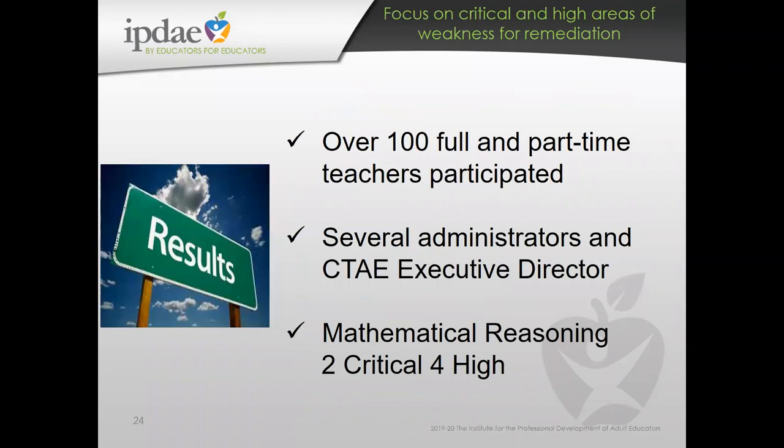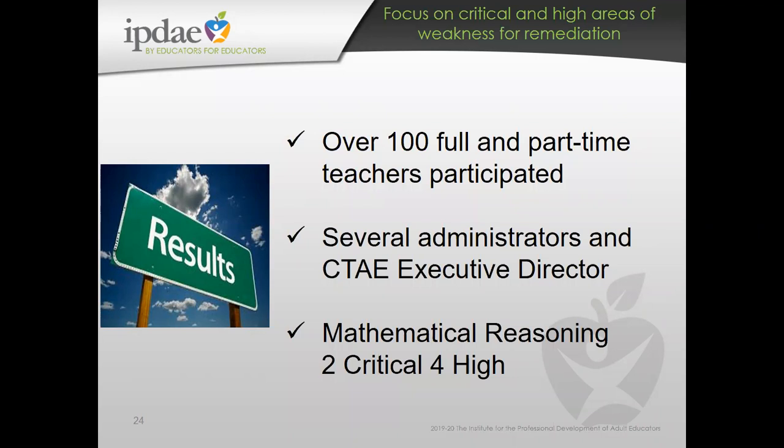How did we do? Well, I'm happy to report that the overwhelming majority of our teachers' data indicated low or medium remedial need. But not surprisingly, mathematical reasoning showed the highest levels of missed questions by our teachers. Remember, critical means 75% of teachers missed this skill on the exam.